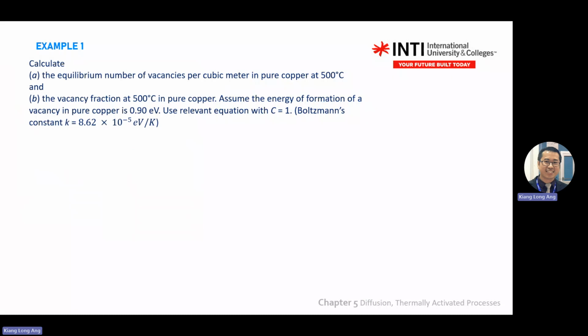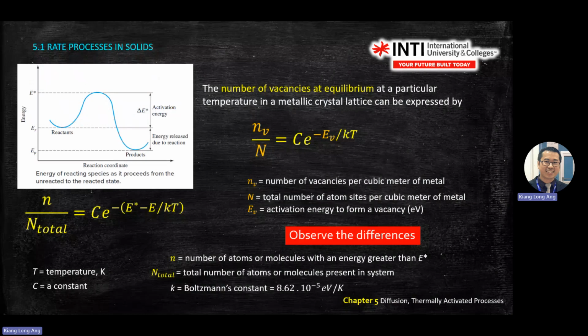Okay, let's apply the equation. Find the equilibrium number of vacancies per cubic meter for pure copper at 500 degrees. Okay, so how do we find the equilibrium number? Which equation do we use?